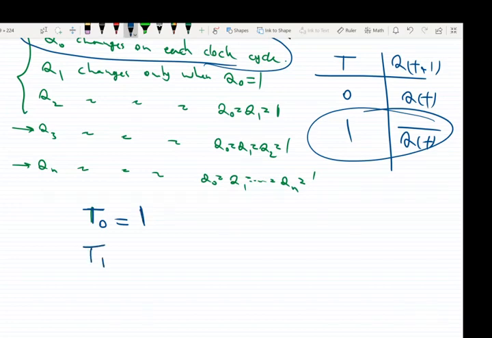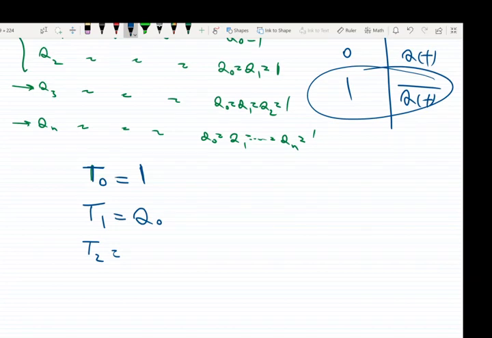What about T1? T1 changes when Q0 is equal to 1, so T1 is equal to Q0. What about T2? T2 changes when Q0 and Q1 both are equal to 1, so T2 is equal to Q1 Q0.